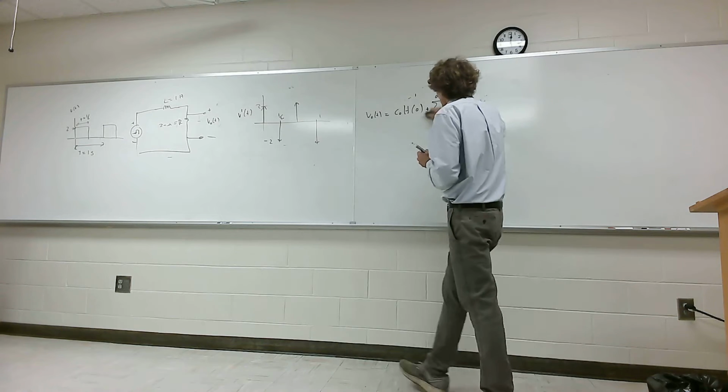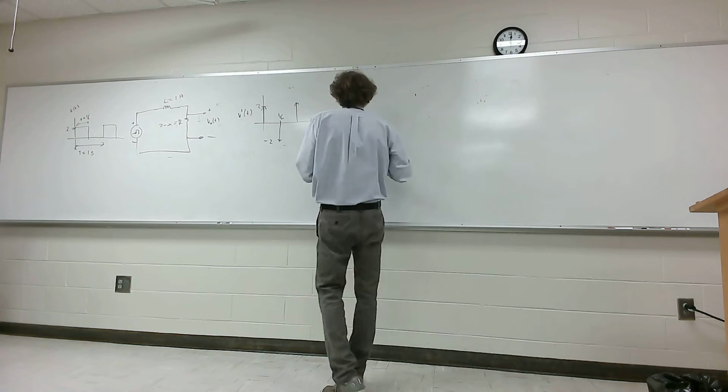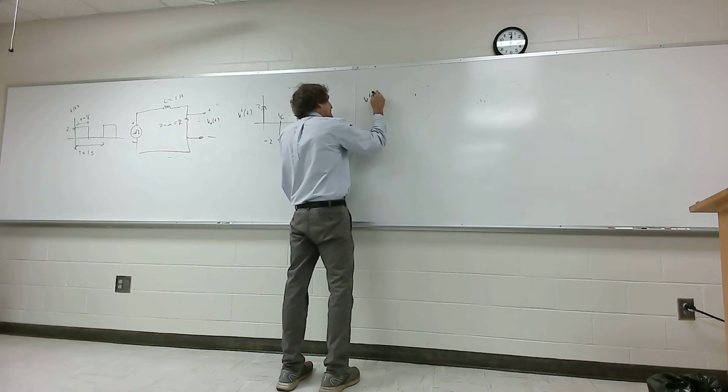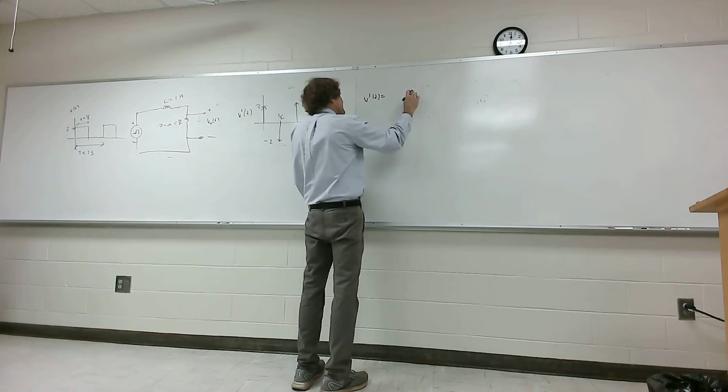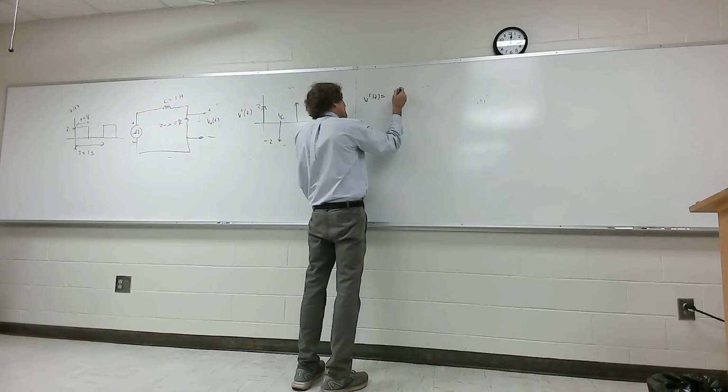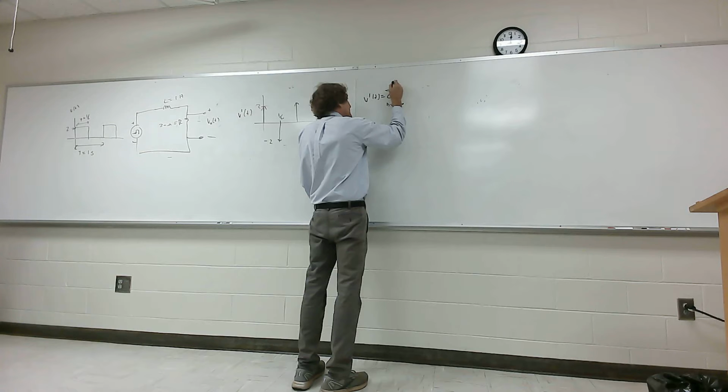The value of C of n prime, right here, I know my V prime of T is a periodic signal, so it can be represented as simply a summation, right, from n equals -infinity to infinity.